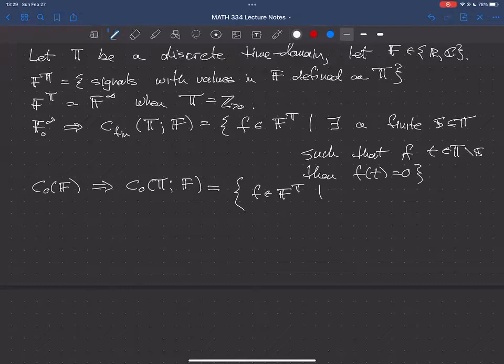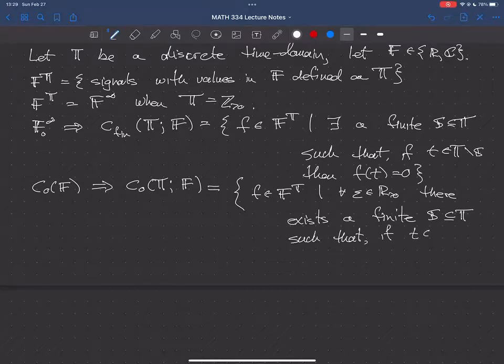Okay, so it's signals on the time domain T such that for every epsilon positive, there exists a finite time domain S contained inside T, rather like in the situation above, such that if t is outside S, then the absolute value of f of t, or magnitude, is less than epsilon.